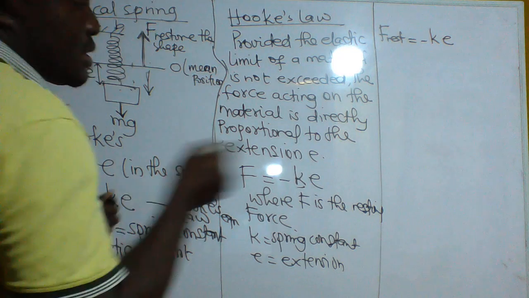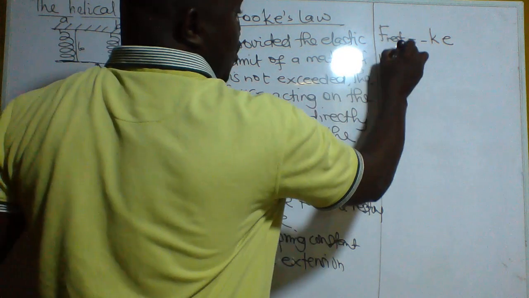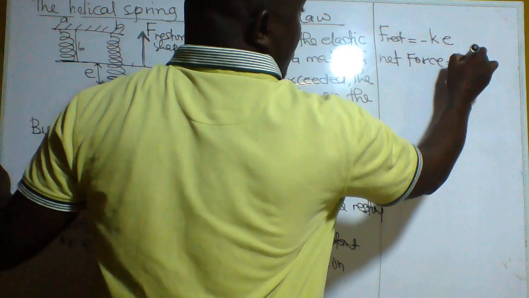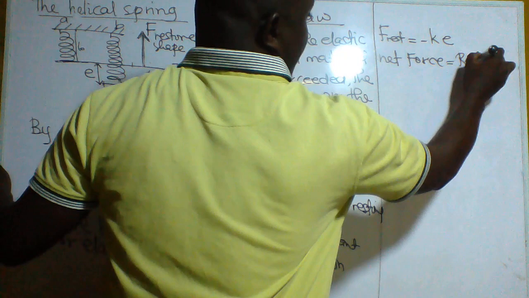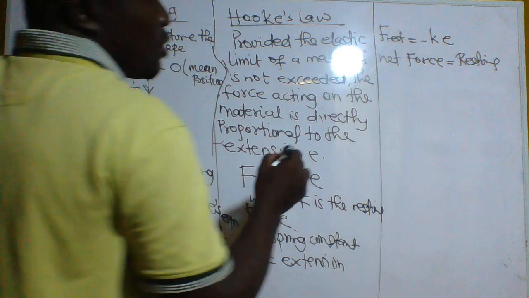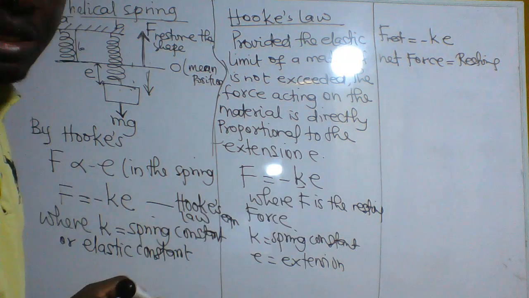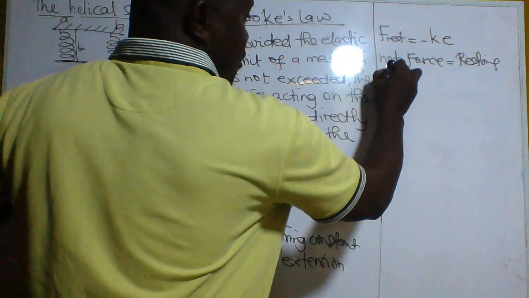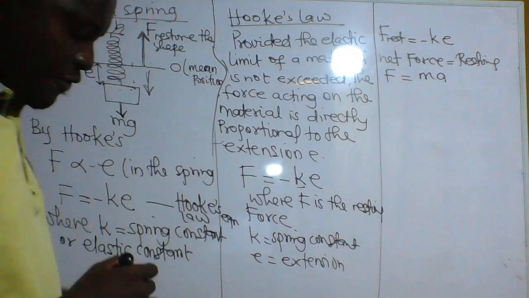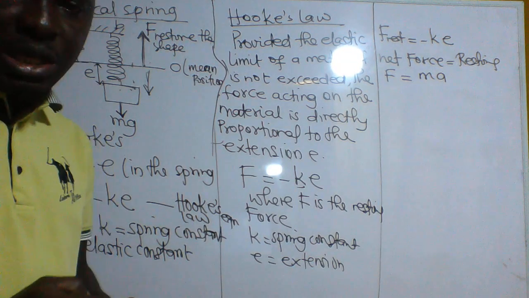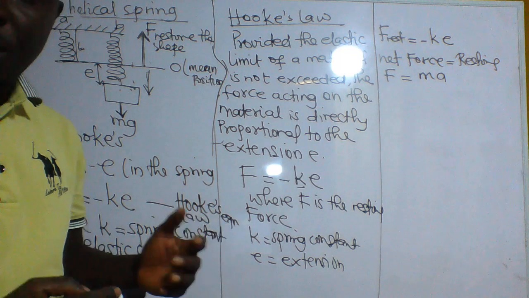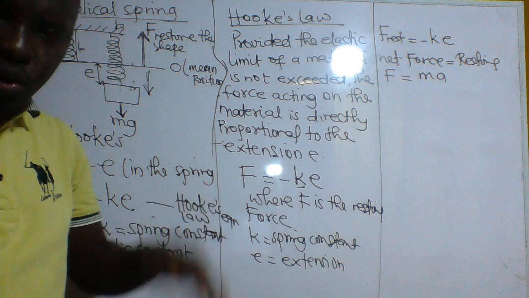If there is a net force equal to the restoring force, then by Newton's second law of motion, force is equal to mass times acceleration of the body. If the body is oscillating up and down, then it means the body is in motion.